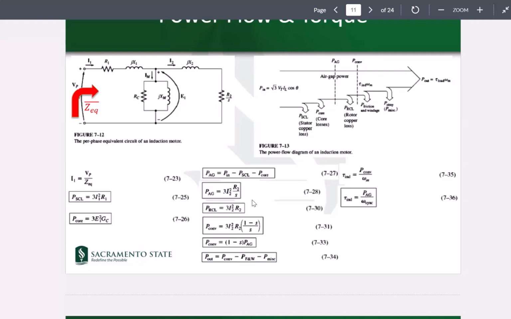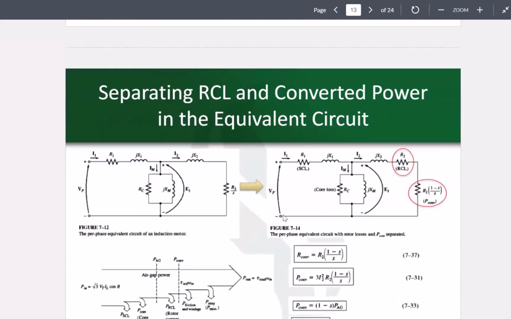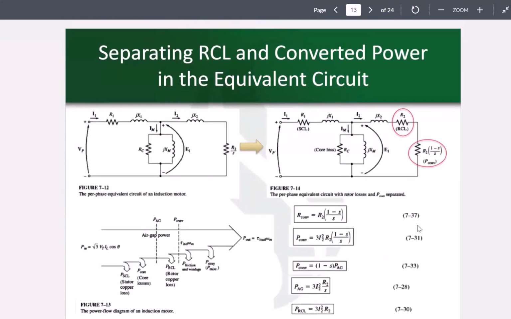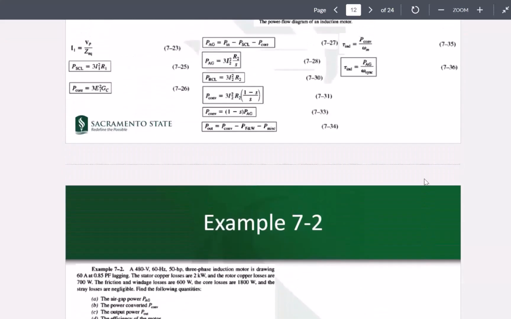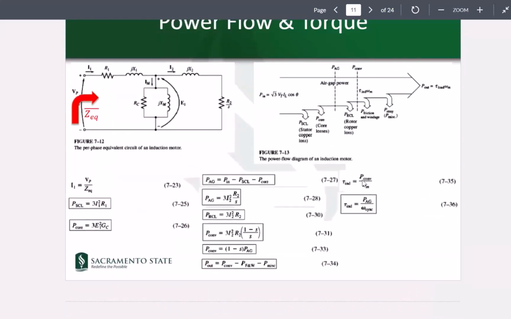The rotor copper losses would be 3 times R2 I2 squared. And the converted power, the power that would be here in your resistance in here, would be 3 times R2 I2 squared times 1 minus S over S. The converted power can also be shown in terms of 1 minus S times P air gap.